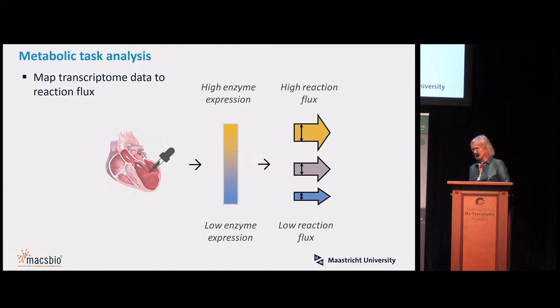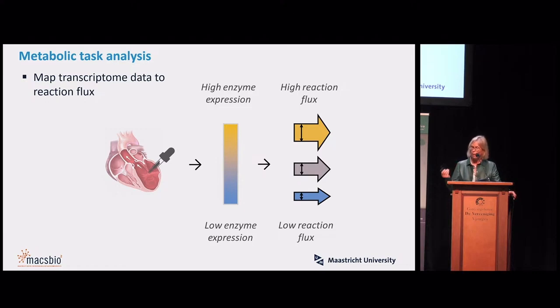So how does it work? We have been using transcriptome data, but you can use other data as well, basically as a proxy for enzyme activity. And we use these data to calculate the reaction flux through the network. We use tissue transcriptomics data. In the example that I'm going to give, we actually used heart tissue, so small biopsies from heart tissue.